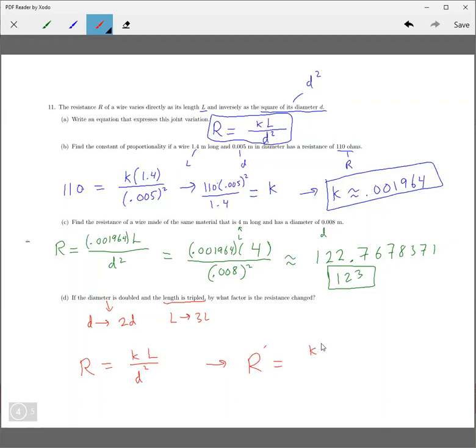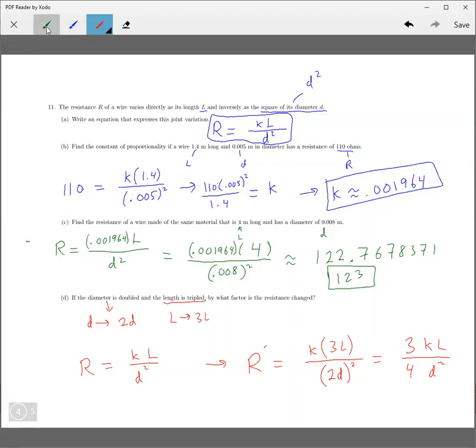And then after applying this process, we have the same constant, but the length is tripled, so that's 3L right there. And the diameter is doubled, so the new diameter is 2D, that's 2D squared. So that's going to be 3KL over 4D squared.